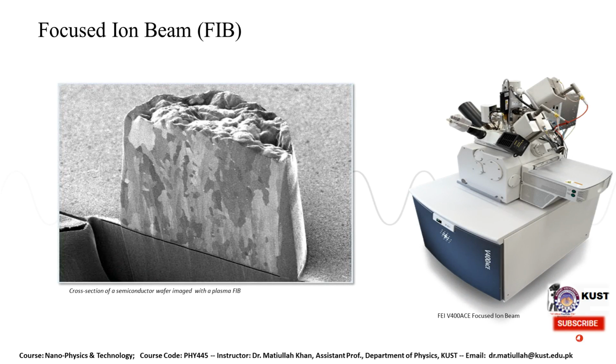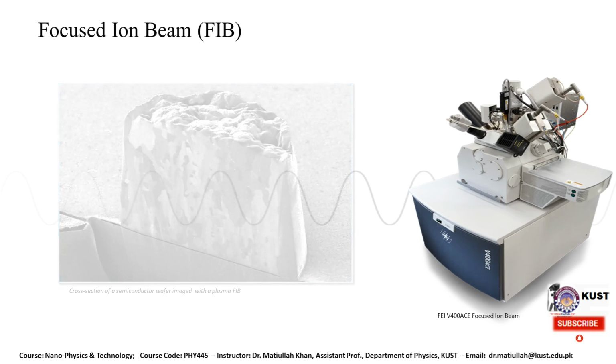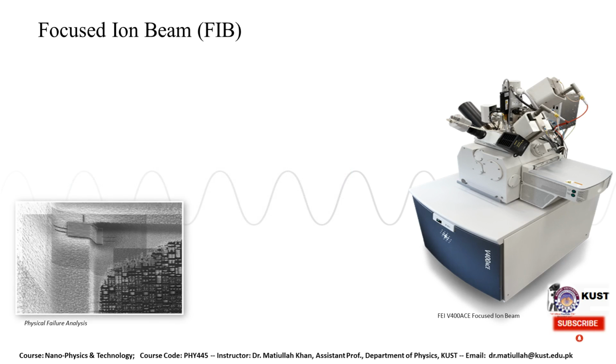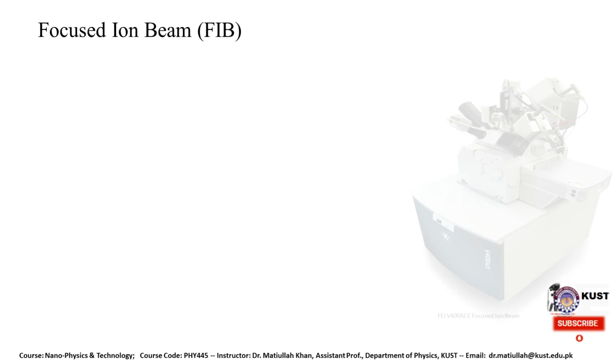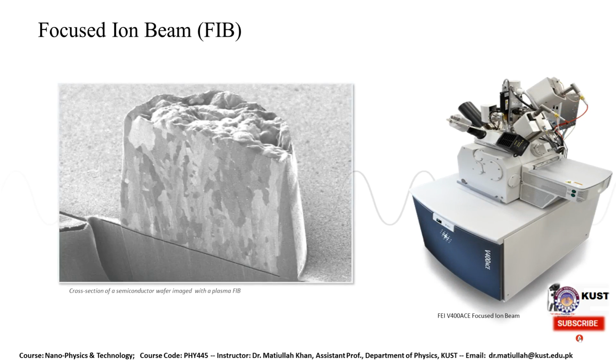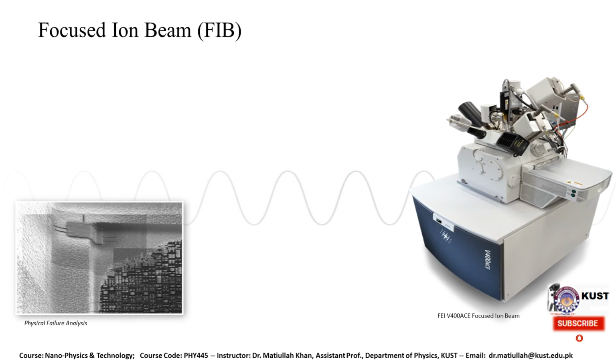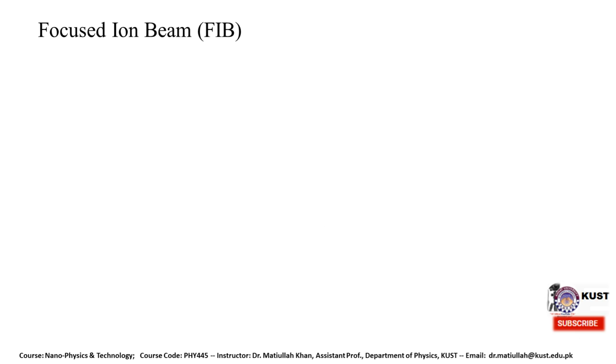We have a further development, the focused ion beam, that is also used to get information. This is also a part of electron microscopy. We can get information about the crystalline material. Here we can see a cross section of a semiconductor obtained from the sample.